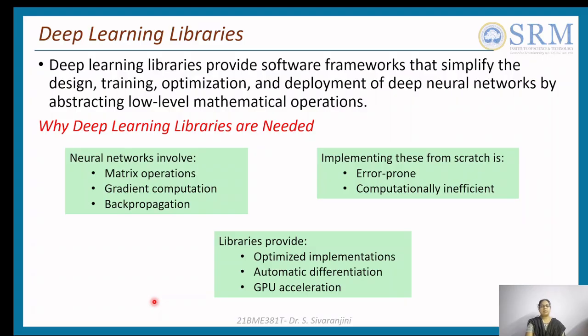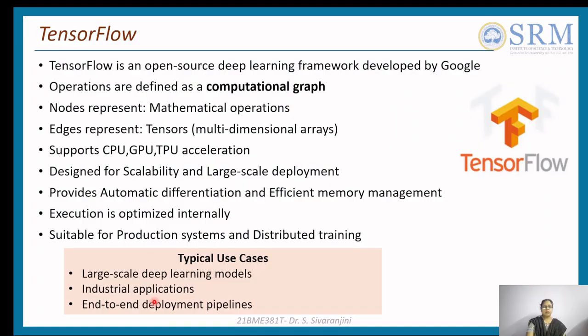Implementing these from scratch would be error prone and computationally inefficient, which is not practical. These libraries provide optimized implementations and automatic differentiation with GPU acceleration. The graphical processing unit gives you a better optimized implementation of your work, right? So we know why these deep learning libraries are used.